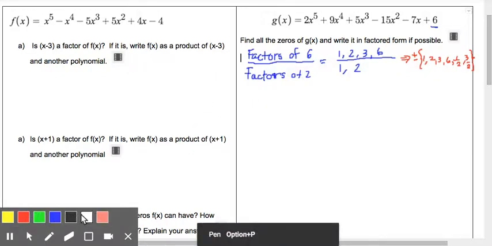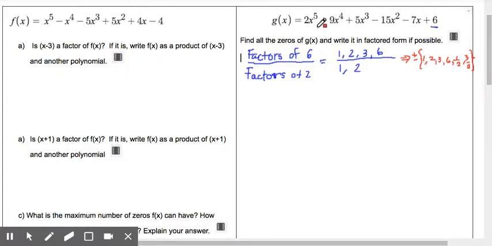So now we are going to take the coefficients of the terms. So we start with 2. First, let's check the exponents. 5, 4, 3, 2, 1, 0. So that means we don't need to put a 0 somewhere.